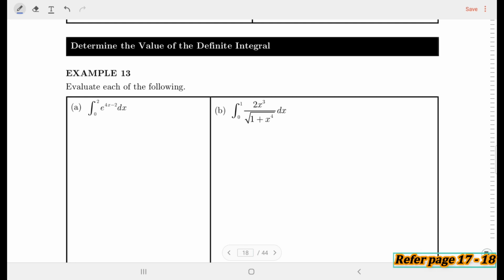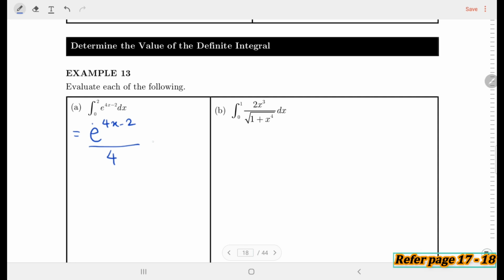Now example 13, evaluate each of the following. Part A, we are going to integrate the exponential function. We have a definite integral from the lower limit 0 to 2 of e to the power of 4x minus 2 with respect to x. To integrate the exponent, we copy it first, e to the power of 4x minus 2, divided by the derivative of 4x minus 2, which is 4.